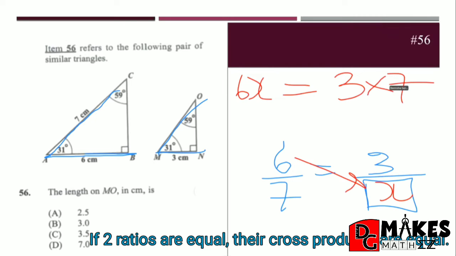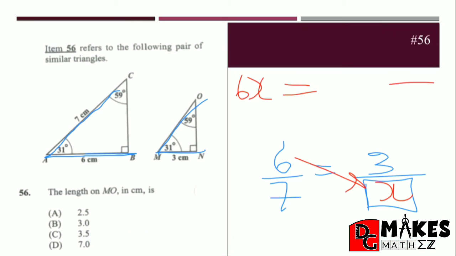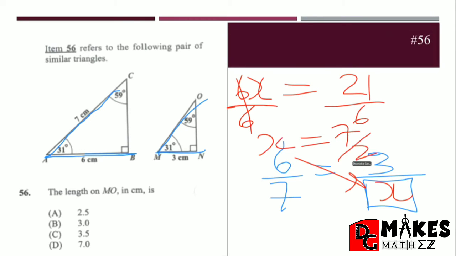And that's going to be 6X equals 21. And so to find the value of x, we can divide both sides by 6, which means we will end up with x equal to 7 over 2, which is also 3.5. So our answer would have been C here.